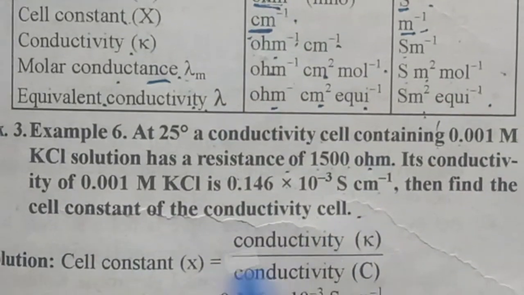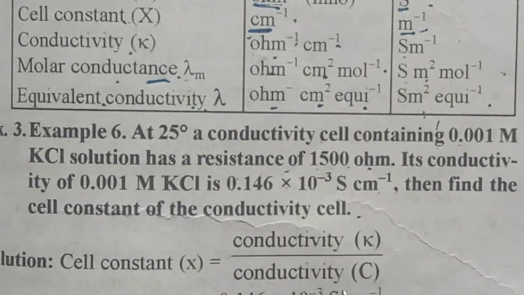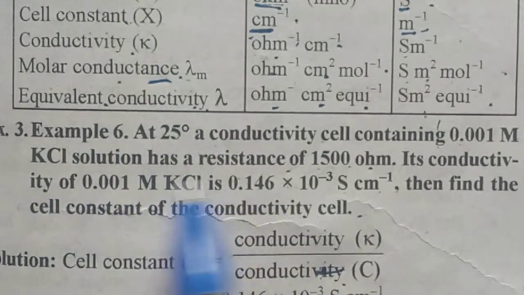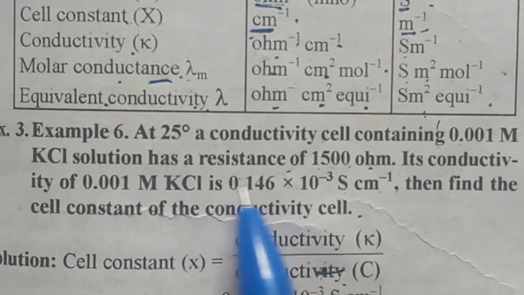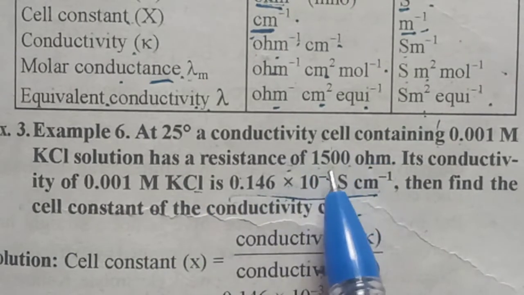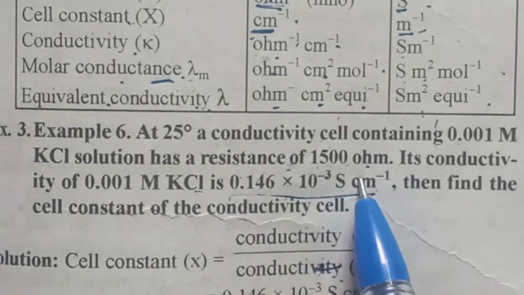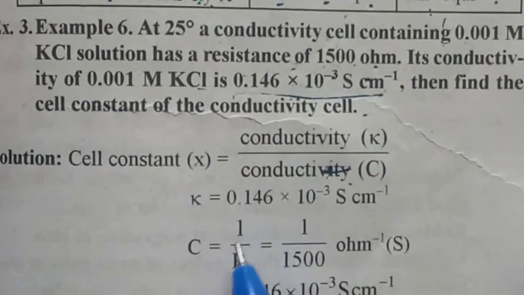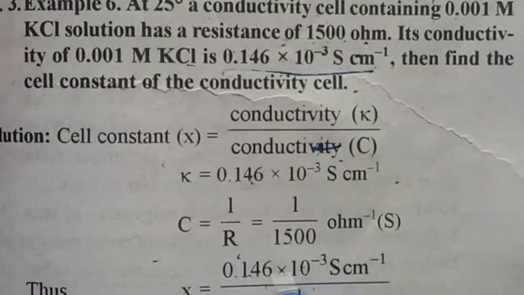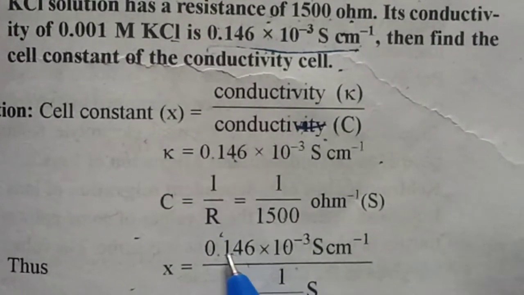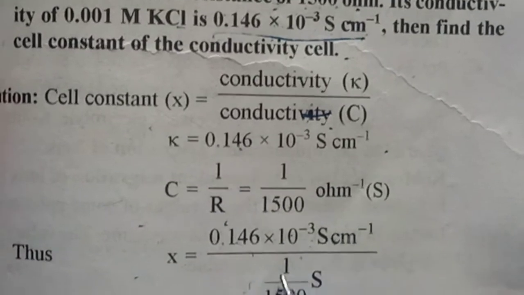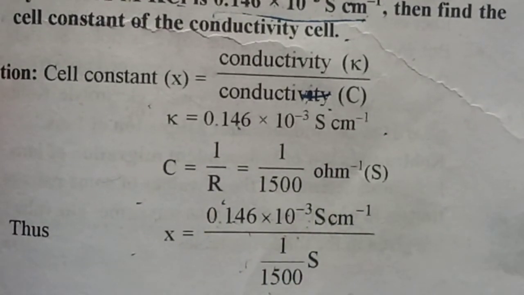Cell constant means conductivity upon conductance. Conductivity is this, and conductance can be calculated by 1 upon R, so 1 upon 1500. Then X will be equal to 0.146 into 10 to the power minus 3 Siemens centimeter inverse upon 1 upon 1500.